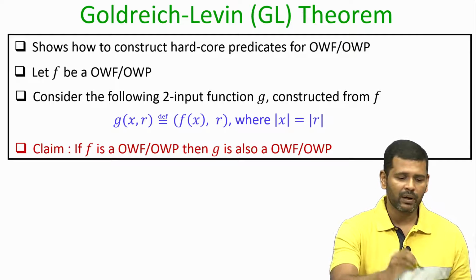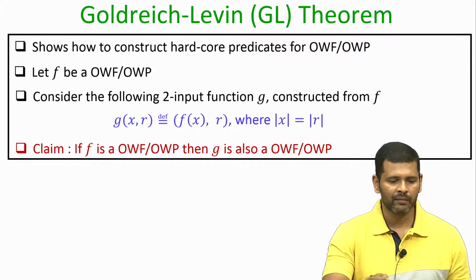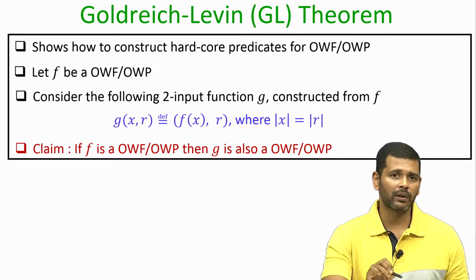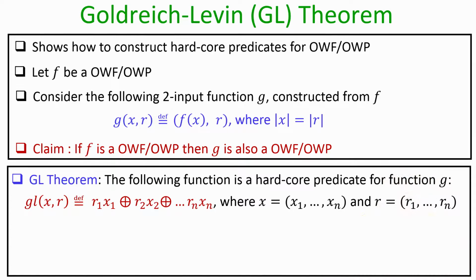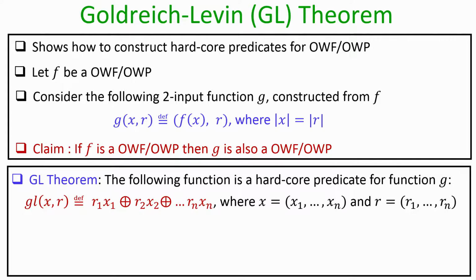So, now we will focus on the function g, and what the Goldreich-Levin theorem shows is that if this function g is a one way function, then we can associate a corresponding hardcore predicate with it. Namely, the hardcore predicate is the Boolean function which takes a random linear combination of the bits of the input x, right. What we consider here is that r is interpreted as a bit string of length n and x is also considered as a bit string of length n.